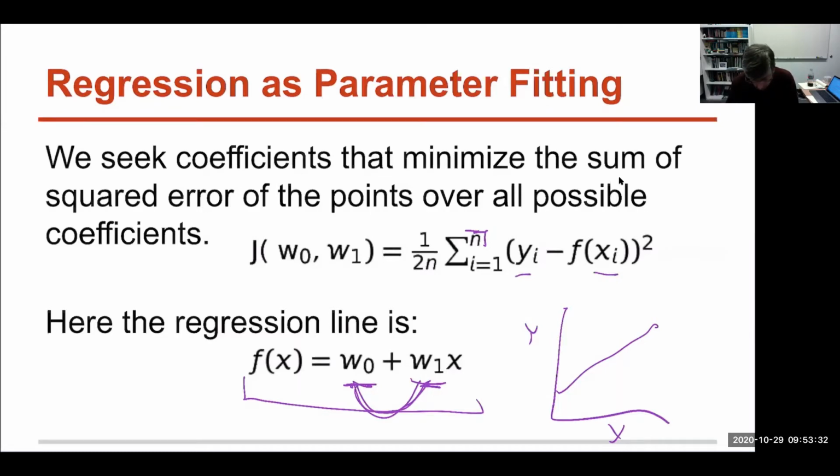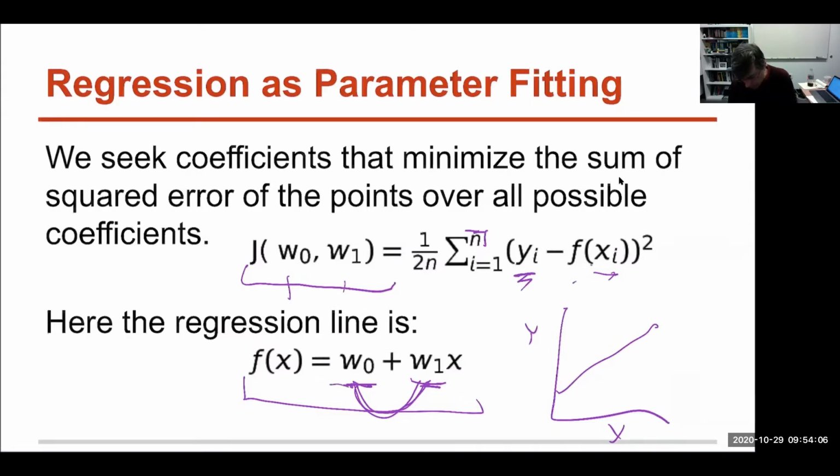The error for a particular value of intercept and slope, the average error, is going to be something like 1 over n times the sum of the error on each point. We're trying to minimize the sum of squared errors. So this was the actual value, and f of xi is the prediction, where f of xi is going to be simply this equation.